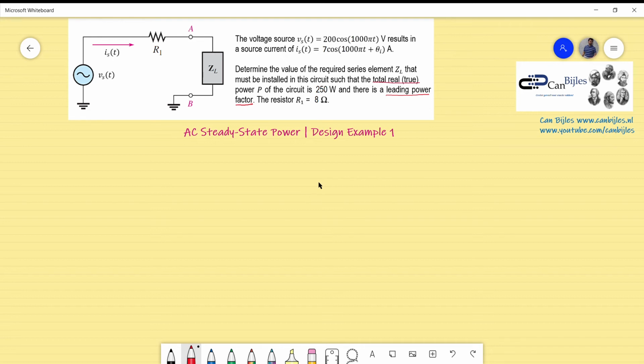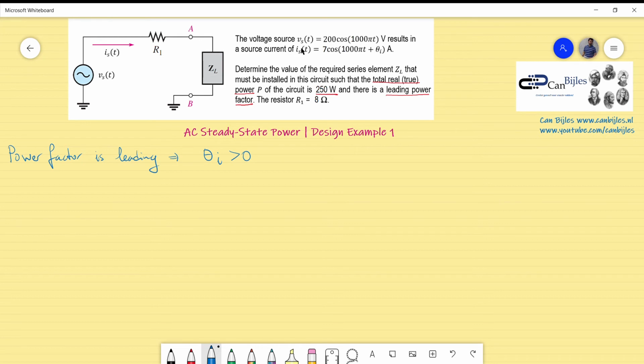I will underscore this: there's a leading power factor, and I need a total true power of 250 watts. If I know that the power factor is leading, I can say directly that theta I, the phase of the expression for Is, is larger than 0. Why?